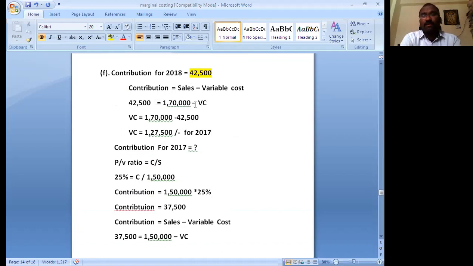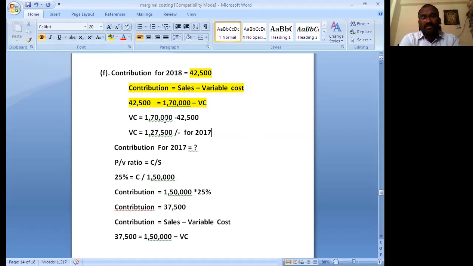Now I apply the formula: contribution equals sales minus variable cost. I want the variable cost. I know the sales and the contribution. Contribution is 42,500. Sales is 1,70,000, because which year you are calculating, 2018, that's why I take the sales of 2018.